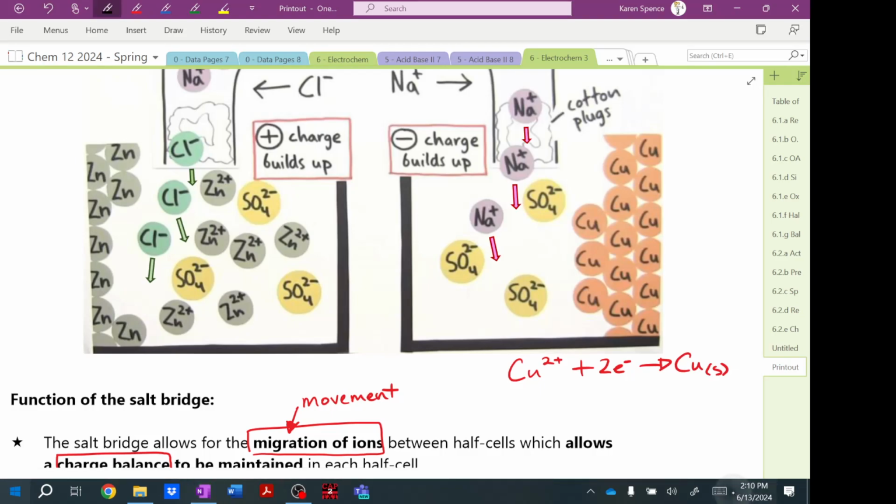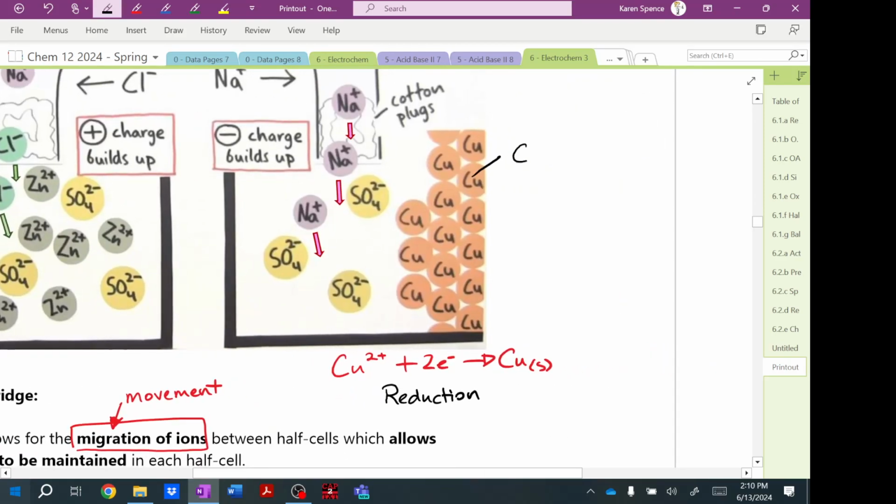That is a reduction. And if that is reduction, that means that the copper electrode is the something ode. Cathode.